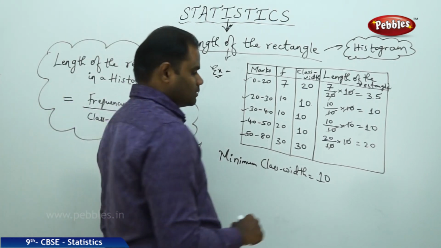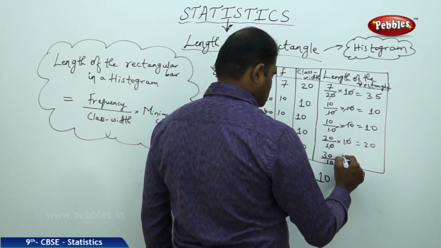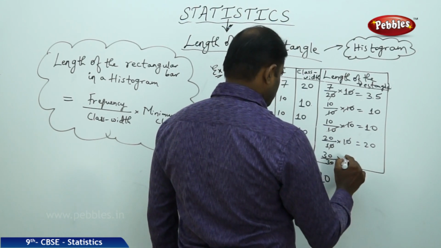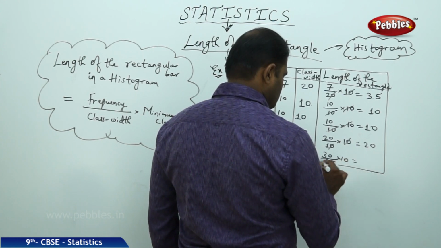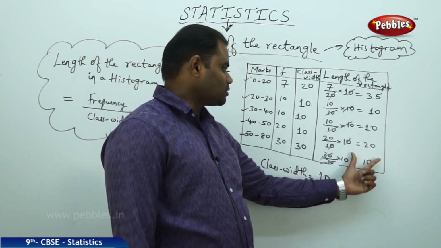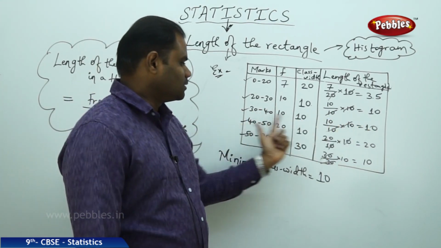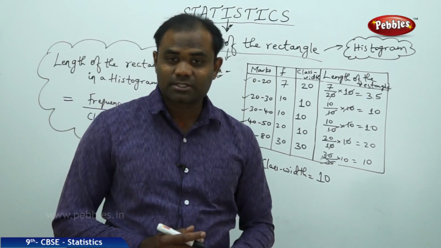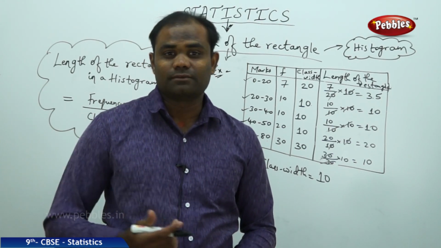And then finally, the frequency by 30 into the minimum class width is 10. Therefore, the lengths of the rectangles for the class intervals are 3.5 for this class interval, 10 for this, 10 for this, 20 for this, and 10 for this. That is how we understand the length of the rectangle connected with respective class intervals.